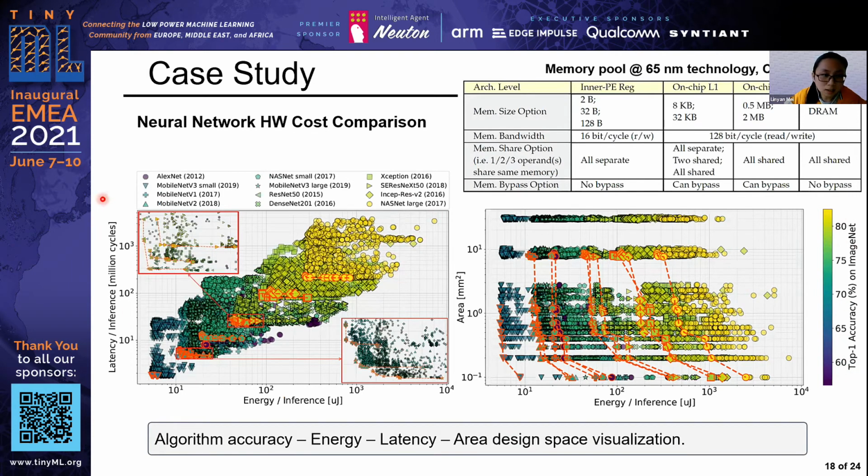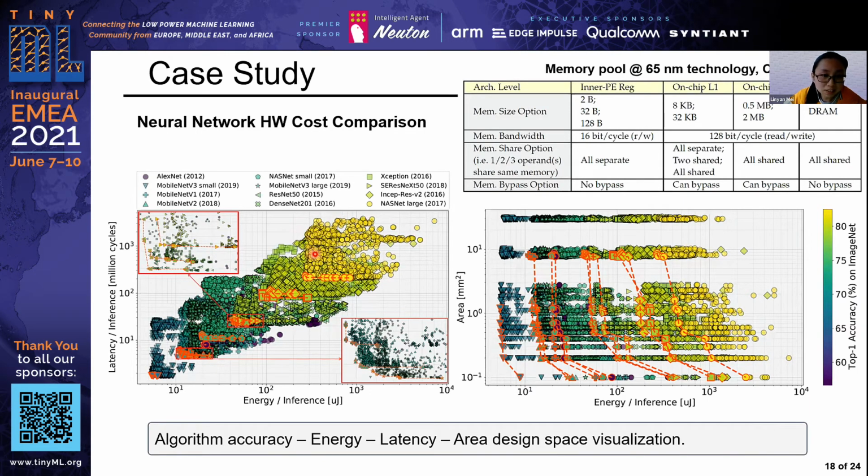This is the latency per inference, and this is the energy per inference. And here I also put the chip area. What you can see is that NASNet is like a cluster in this region. I also highlighted the Pareto optimum design points that we find. Each dot represents a different hardware architecture among those 750 architectures.